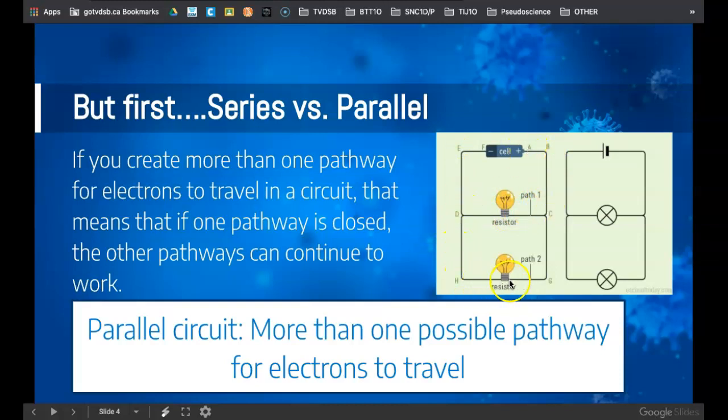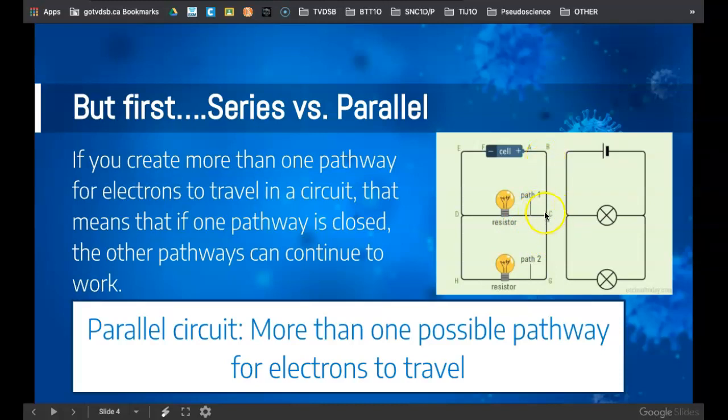Now, what you might think is, if the electron's coming from here, could it go this way or this way? Well, no, because remember, electrons are always going from the negative to the positive. If the electron was to go this way, it would be going away from the positive. So it's never going to happen. It's always going to go this way.